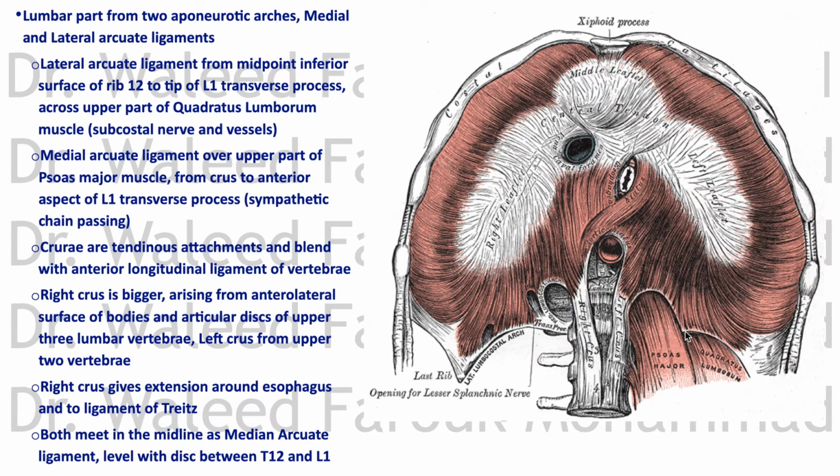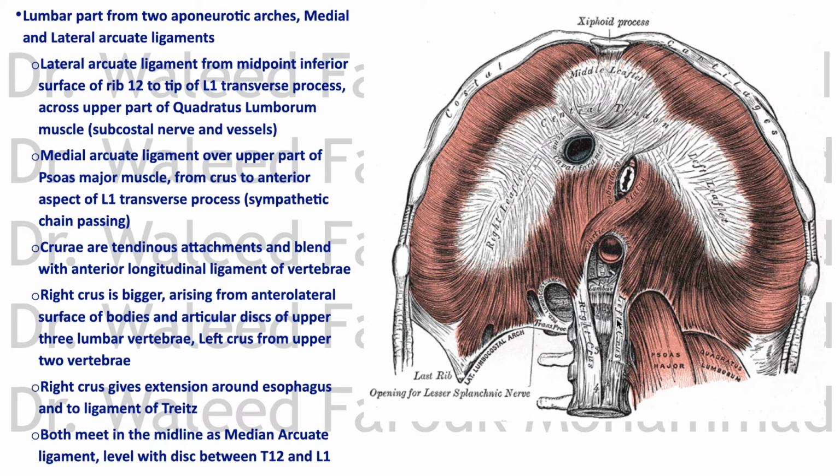The other ligament, called the medial arcuate ligament, this time is over the upper part of the psoas major muscle, and below it, the psoas major extends to the thoracic cavity. It extends from the crus to the transverse process of the L1 vertebra. The crus, I mean the crus of the diaphragm, this tendinous origin.